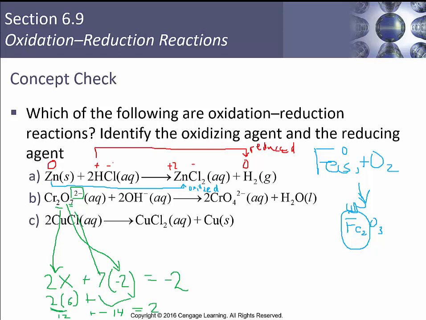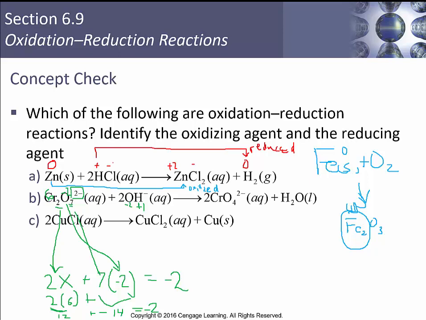Right? So you're just going to try and solve for x in these. So our chromium is going to be 6. Our oxygen is going to be -2. Over here, our oxygen is going to be -2. And our hydrogen is going to be +1. And notice that the sum of these is going to be equal to whatever that charge state is. Right? Over here in our water, our oxygen will be -2, our hydrogens will be +1.